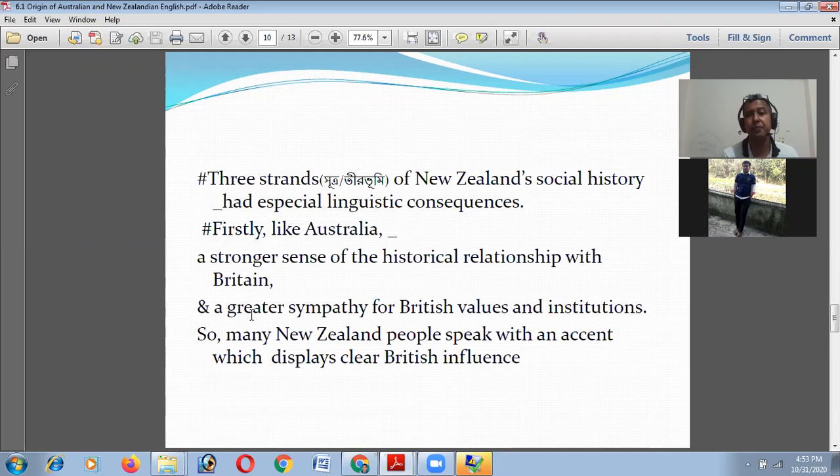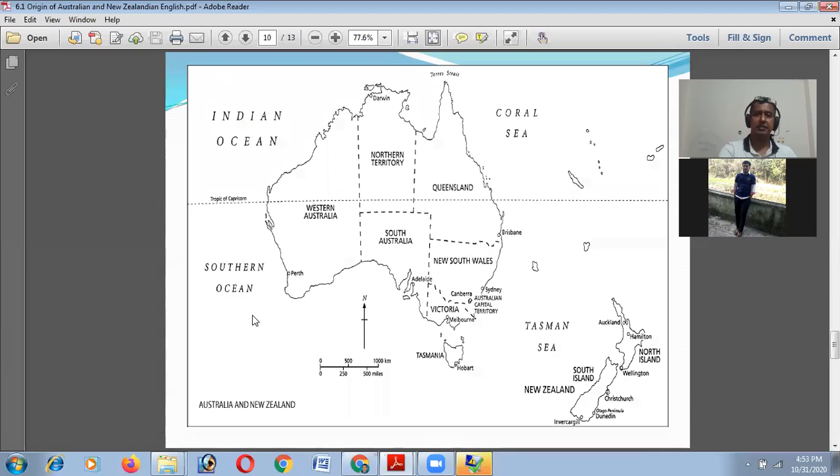So many New Zealanders speak with an accent which displays clear British influence. That is the first category of New Zealand English. And you see the map: this is New Zealand over here, and this is Australia.